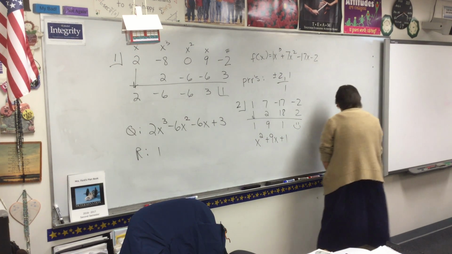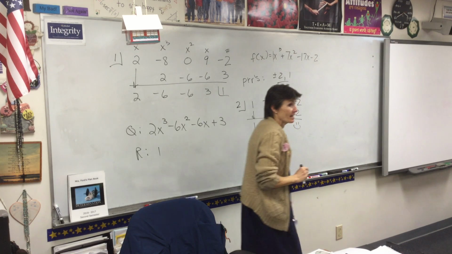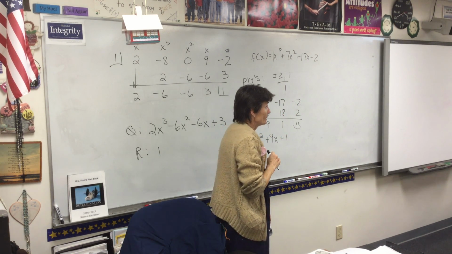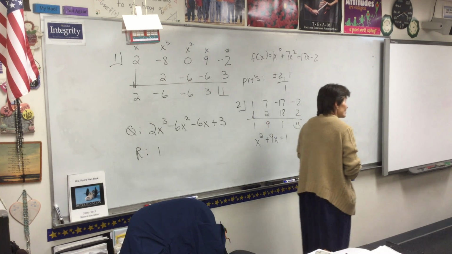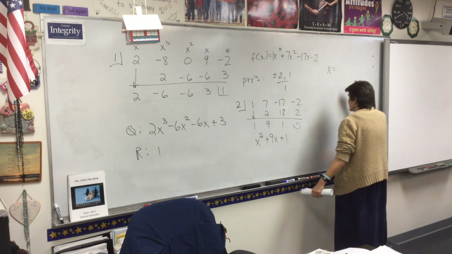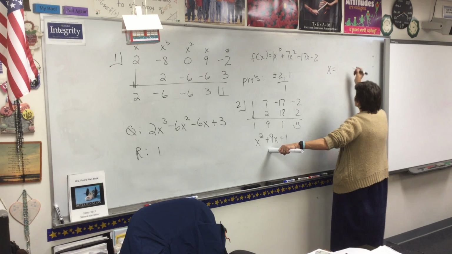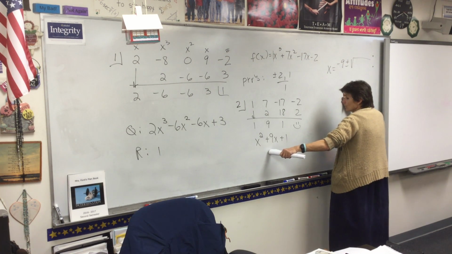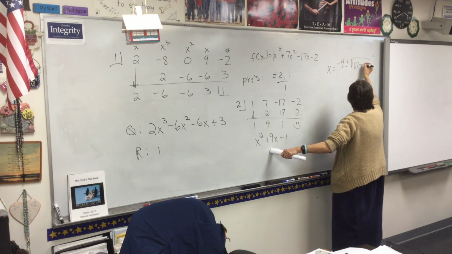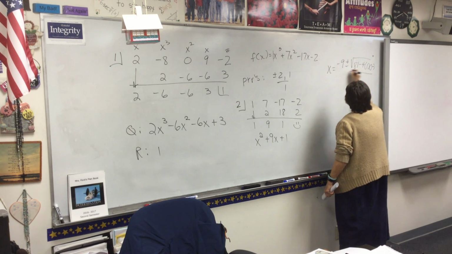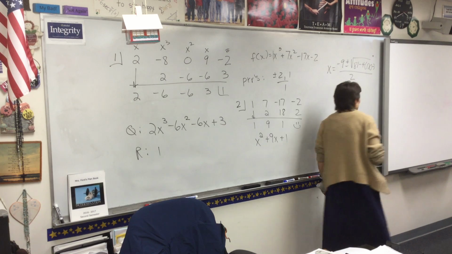This has happened on every practice test. One problem, you had to use the quadratic formula. It's going to happen on Friday. So if you still don't know the quadratic formula, you need to get it learned. Negative b plus or minus the square root of b squared minus 4ac all over 2a.